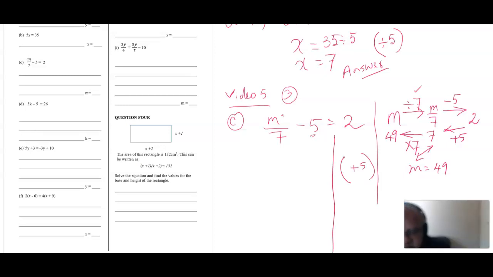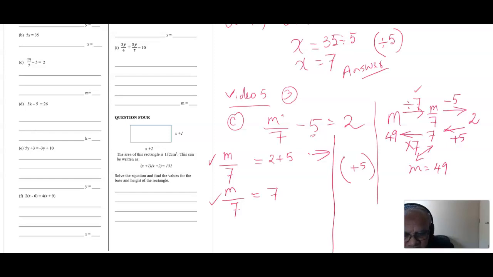And my next line of written work is m over 7 equals 2 plus 5. So remember, we always write it in a separate row, a new row. We do not continue that way. And that'll give you 7.